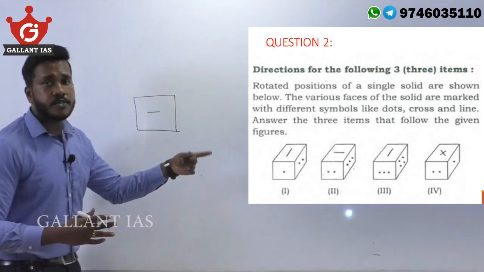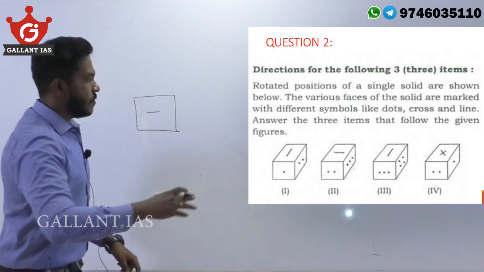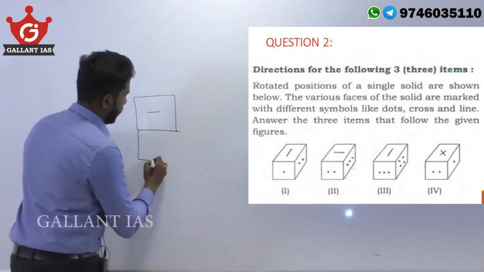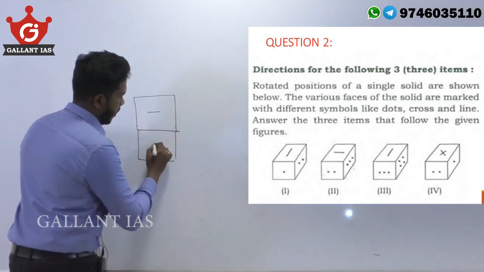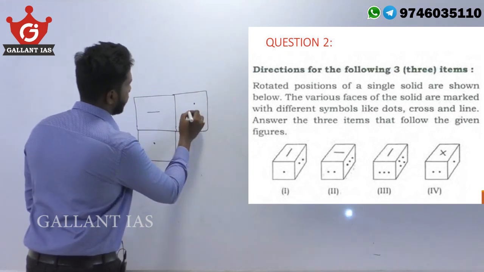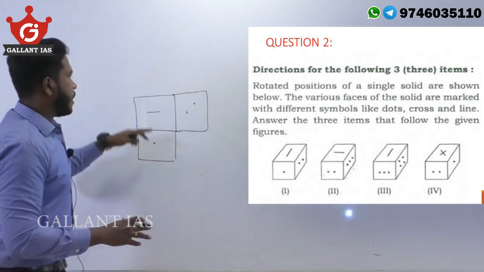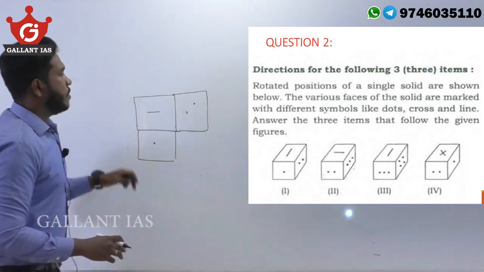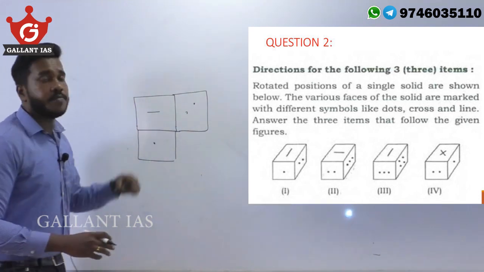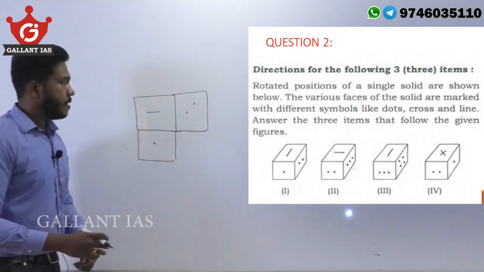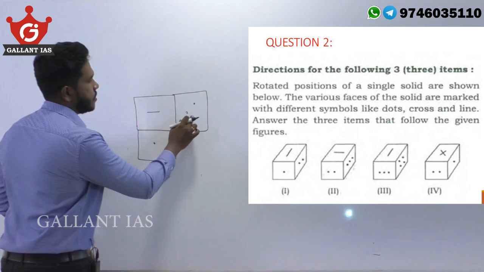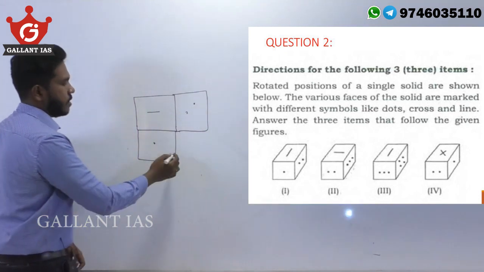I am going to draw the face containing value 1 here and the face containing value 2 here. You can draw according to your wish, but make sure that 1 and 2 are adjacent to each other. So in this case, line is adjacent to 1, line is adjacent to 2, and 2 is adjacent to 1.